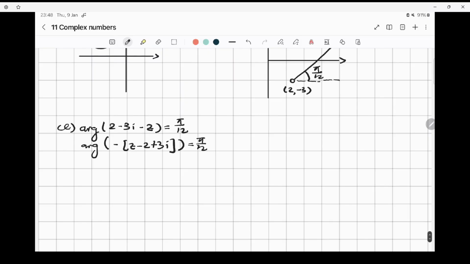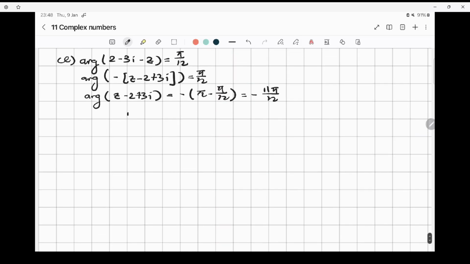So the minus part, we know that on the right, what you actually need to draw is minus pi minus this particular angle, which is minus 11 pi over 12. So then what you need to draw is something like this.